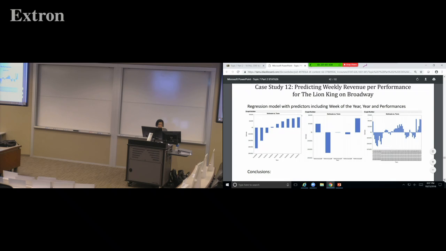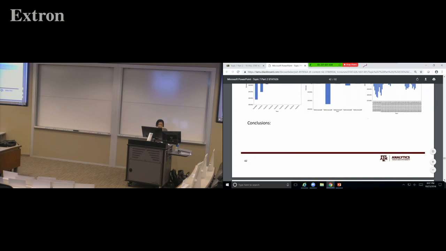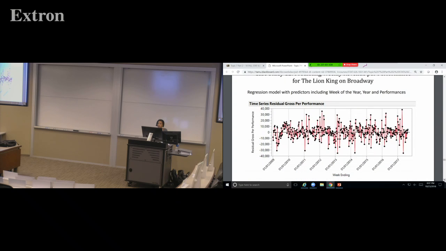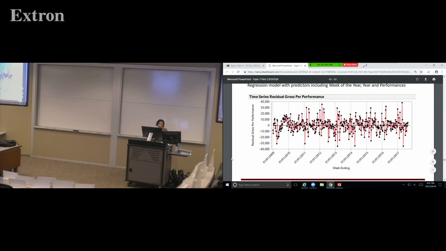So let's look at the regression model with predictors including week of the year, year, and performance. These are the residuals from that regression model. And as you can see, the residuals do not look like white noise, right?